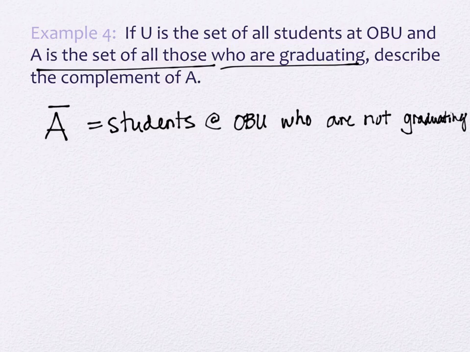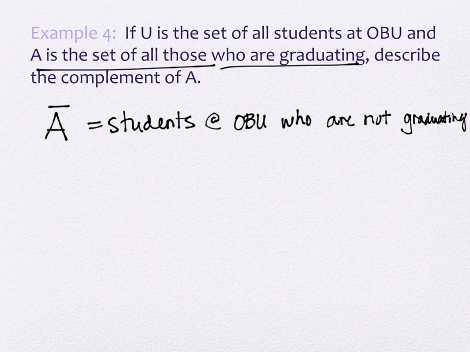The whole idea of it being still inside my rectangle is that I'm still talking about OBU students, because my universal set was university students here. Then I exclude the people described in set A, all those who were graduating, which means I'm left with all those who are not graduating.